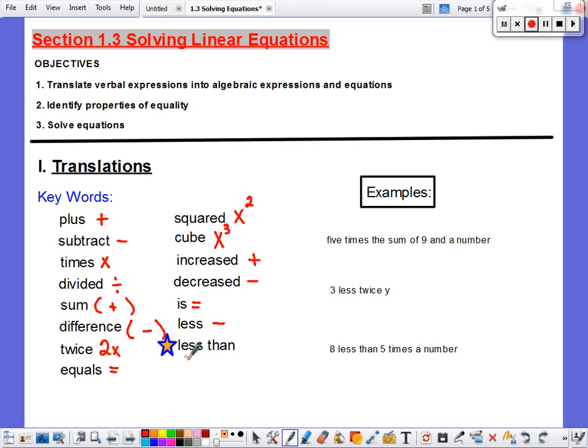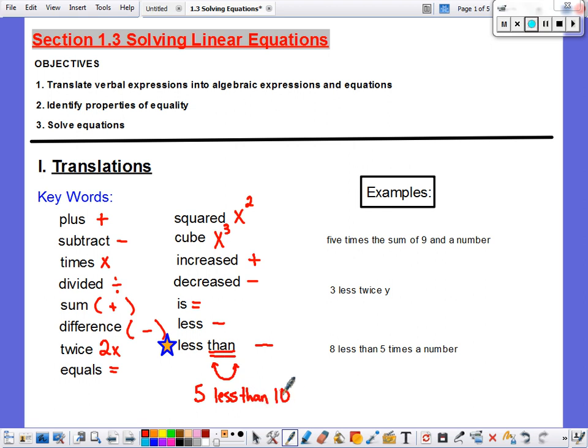Less than is tricky because we see the word less and we think subtraction, which is true. It is subtraction. But the word than actually flips the order that you read it. And so we have less, subtraction, than, and if you think about it, it makes a lot of sense. If I say, what number is 5 less than 10? So 5 less than 10.